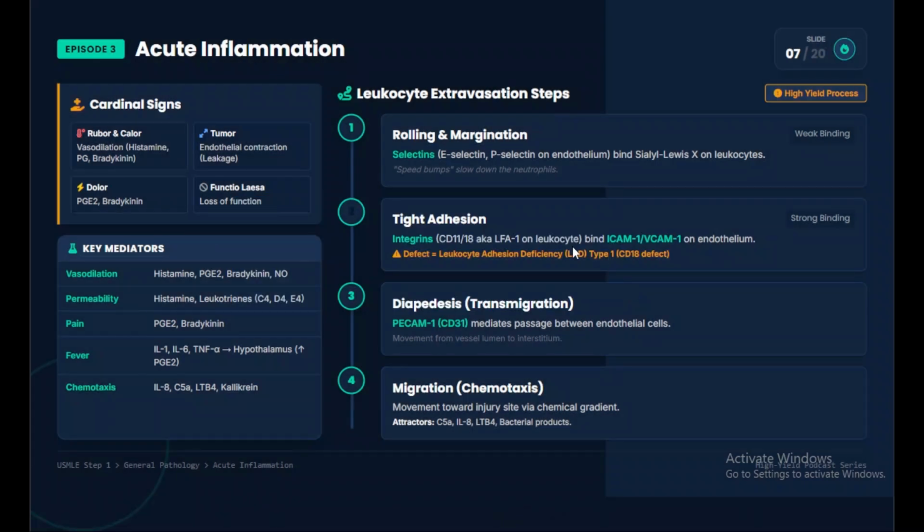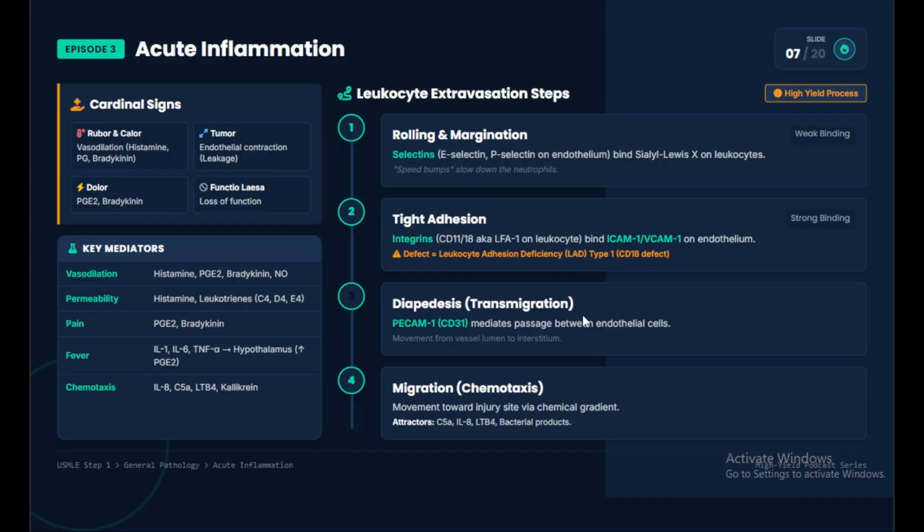So integrins are on the leukocyte, and they bind to the ICAM and VCAM cellular adhesion molecules on the endothelium.